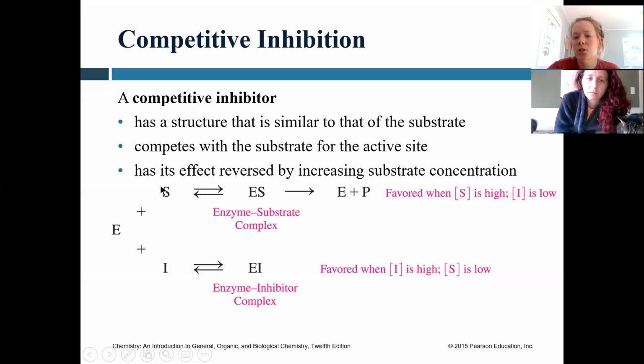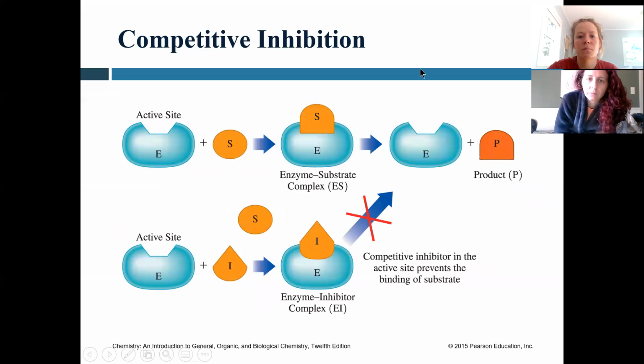If we just flush the system with substrate, the percentage of inhibitor will lower, and we will see a normalization of the catalyst activity, because there's just a higher percentage of substrate to interact with.